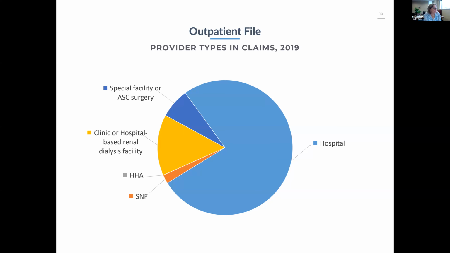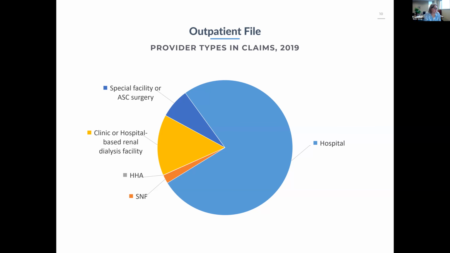So majority hospitals, there are some what are called special facility or ambulatory care centers, surgeries, and these are ambulatory care centers that are owned by hospitals. For example, down the road from my house is a freestanding outpatient clinic that is owned by the hospital system. That clinic bills the clinic services using the UB92, the Part A form.